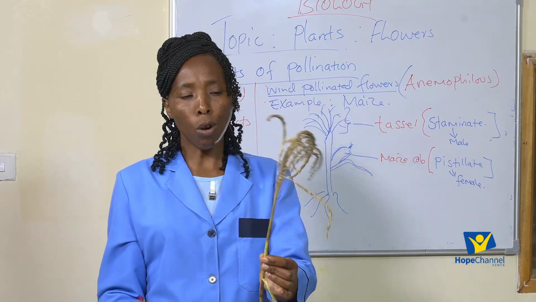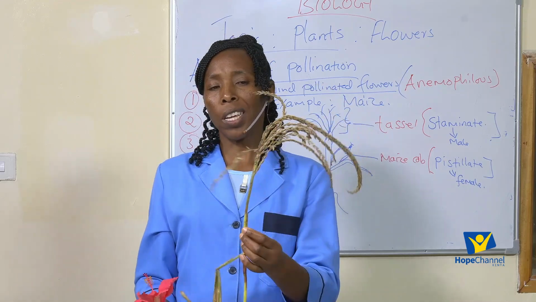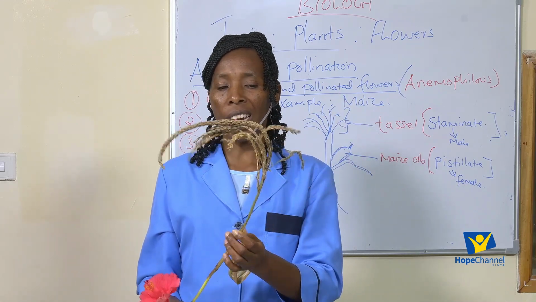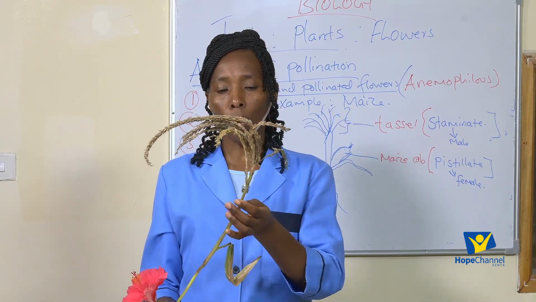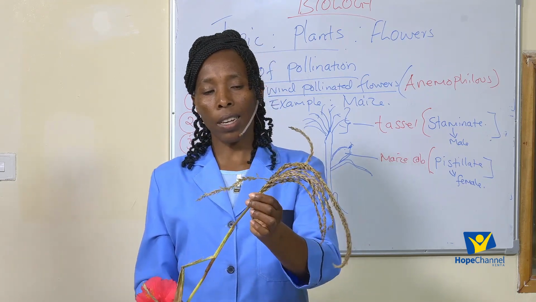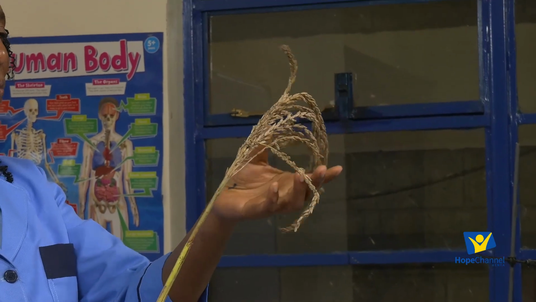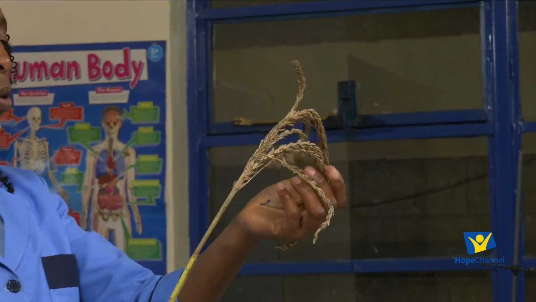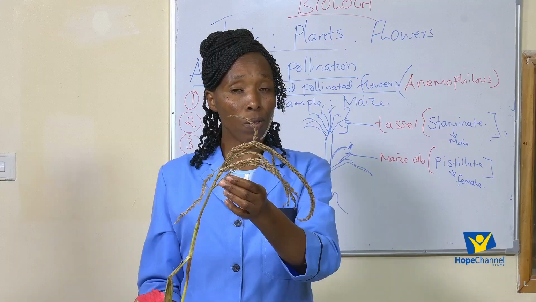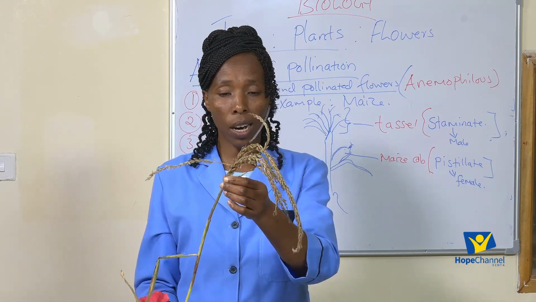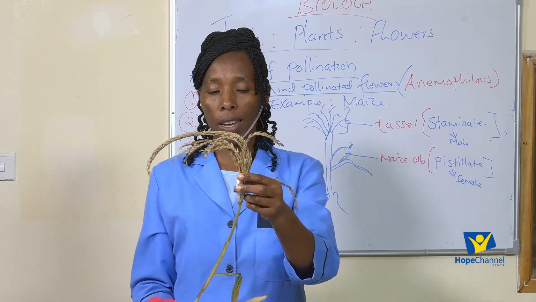So if you talk about this one, number one, we see it is very dull. There is nothing attractive to this flower, this male part of the flower. So usually we say their petals are very dull. They cannot attract insects.